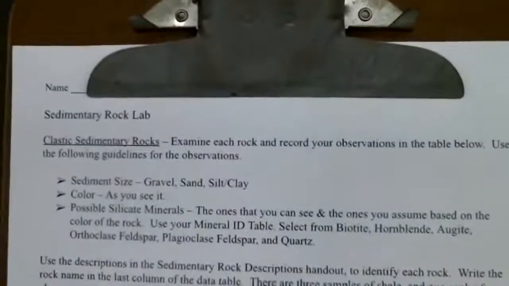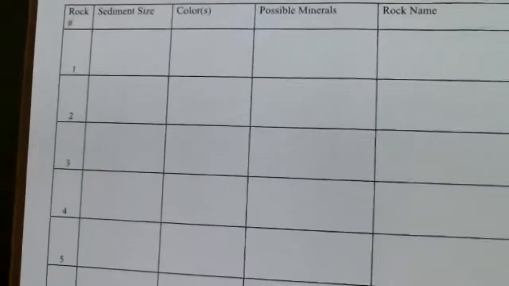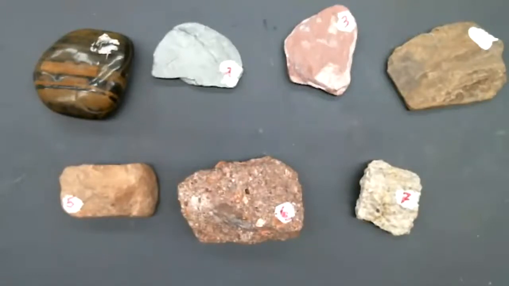And the worksheet looks like that, Sedimentary Rock Lab. And then it has a data table on it, like that. So if you are working on a Google Doc, it is in your Google Classroom under today's assignments or when the assignment was given. Check Google Classroom for that.